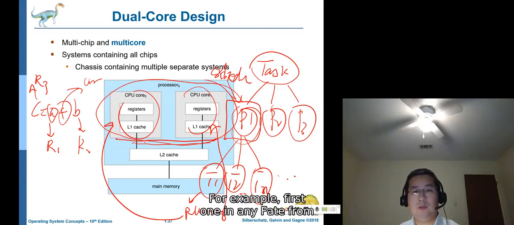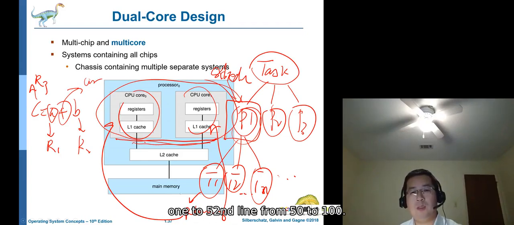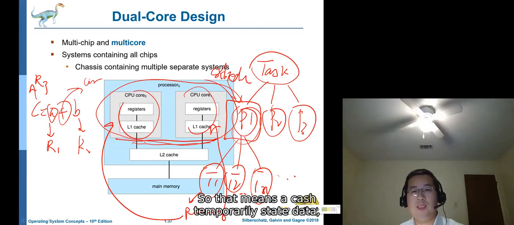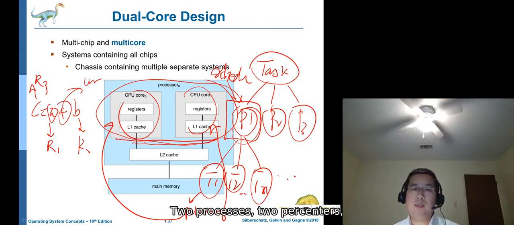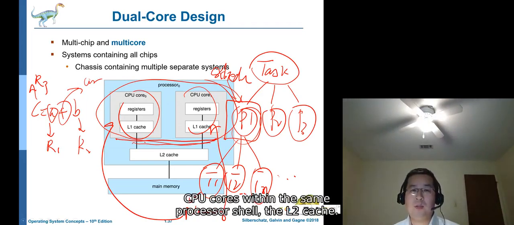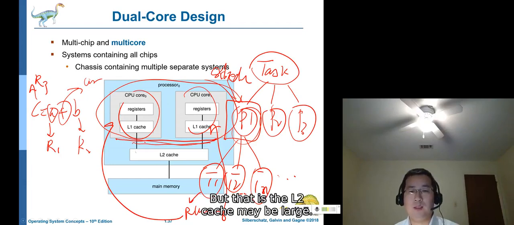For example, the first one bridges from 1 to 50, and the second one from 50 to 100. So the cache temporarily stores the data, and also bridges the difference in speed. But you can find here two CPU cores within the same processor share this L2 cache, because this L2 cache may be larger.